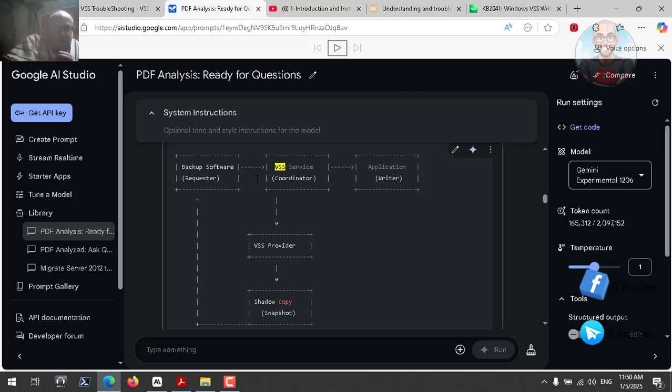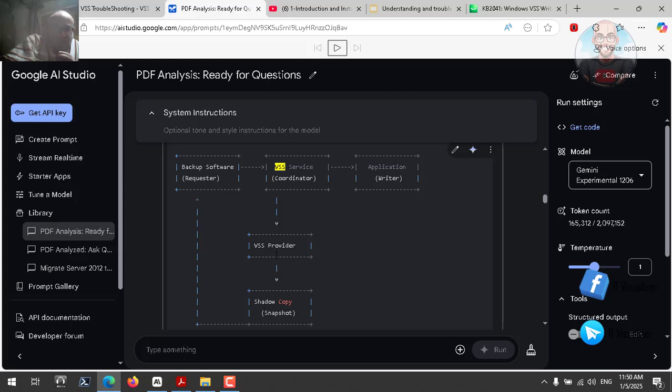The service coordinates between them: the service will take the order of backup from the requester, forward it to the writer, and then the writer should freeze the access to the application or database on the hard disk. Then it will talk to the provider, which will take the snapshot, and then it should talk again to the writer to unfreeze and then return it back.